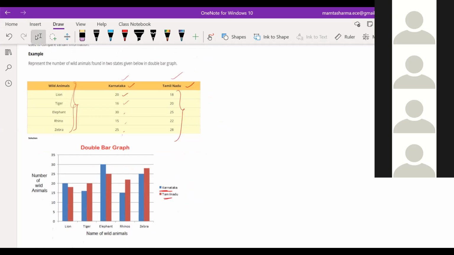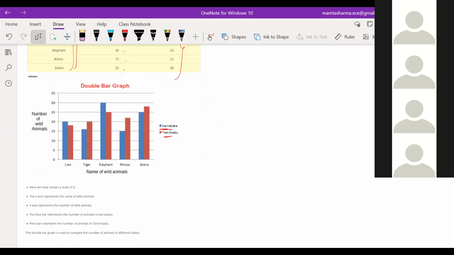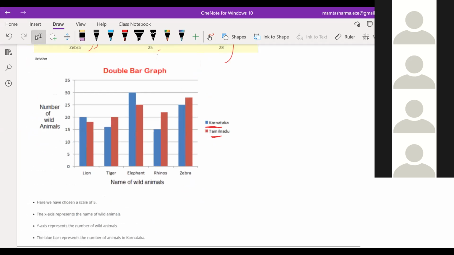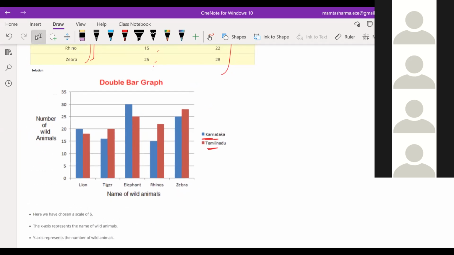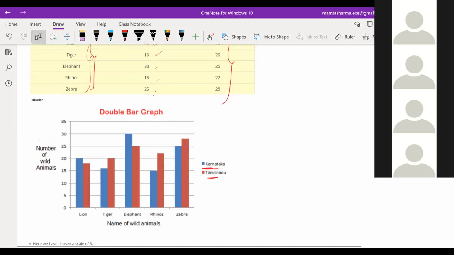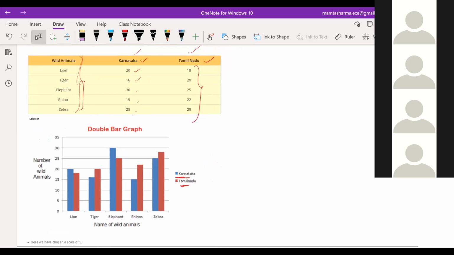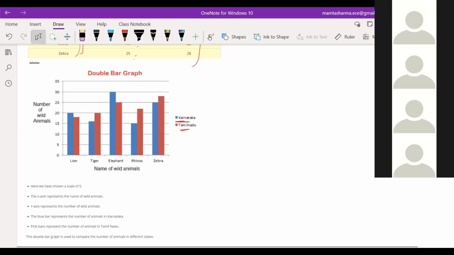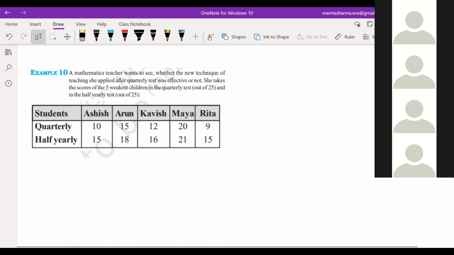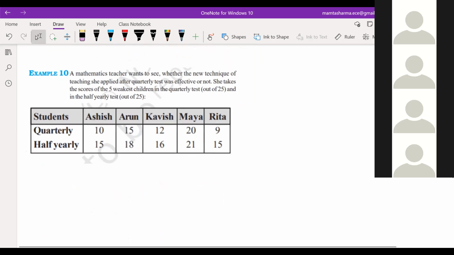Now, what, ma'am? How to plot the double bar graph. You don't know double bar graph? You know, na? Okay, I am giving you a question.